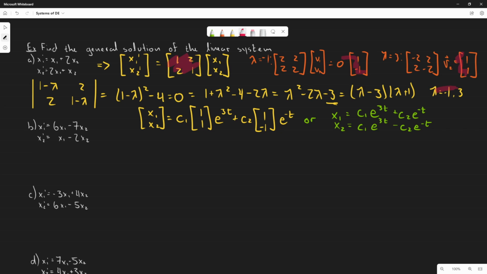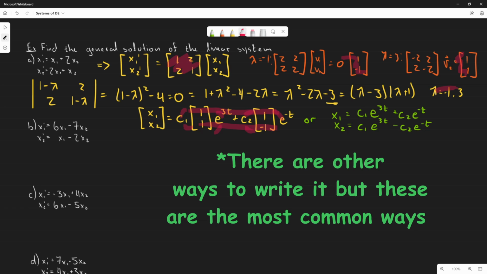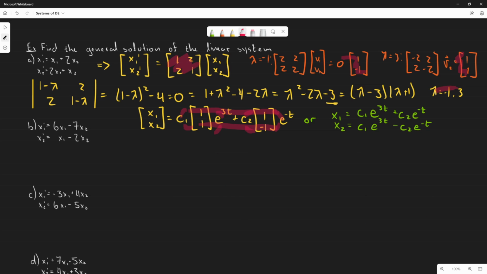What I just did there is this portion will be x1, this portion will be x2, and then I just copy the c1, the c2, and the exponentials, multiply them in, put them together and separate them. So that was pretty much it for the first example.